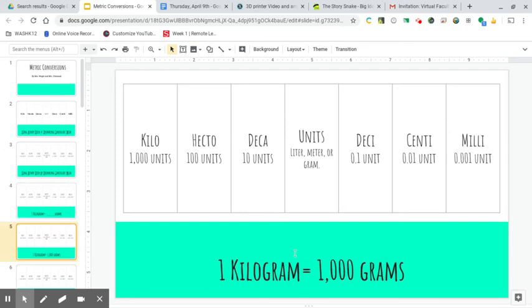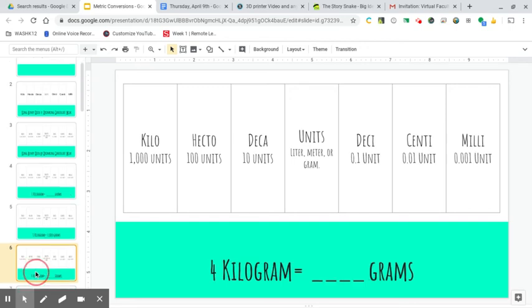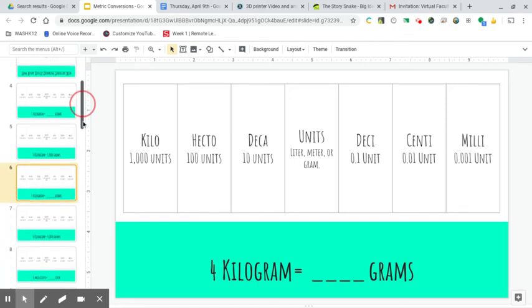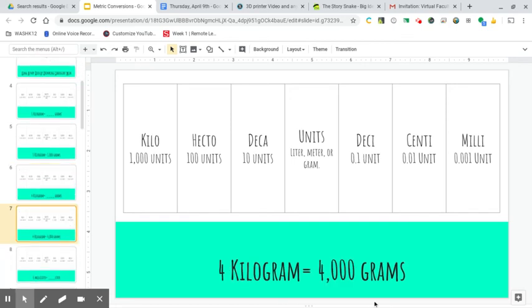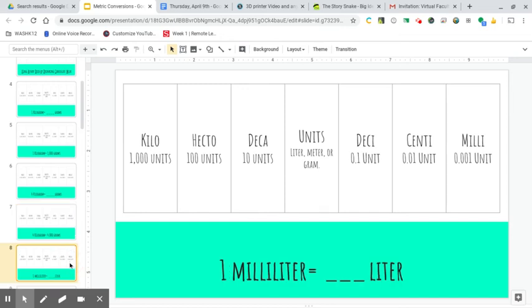Pretty easy. What about 4 kilograms? If 1 kilogram is 1,000 units, then 4 kilograms would have to be 4,000 grams, because we just multiply by 1,000.